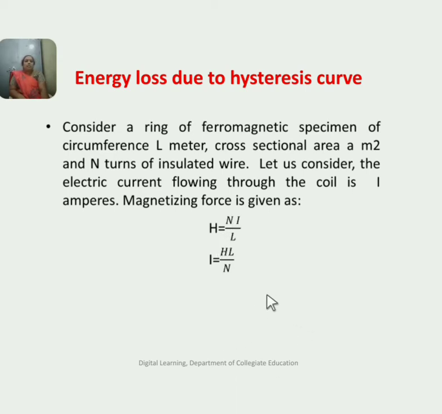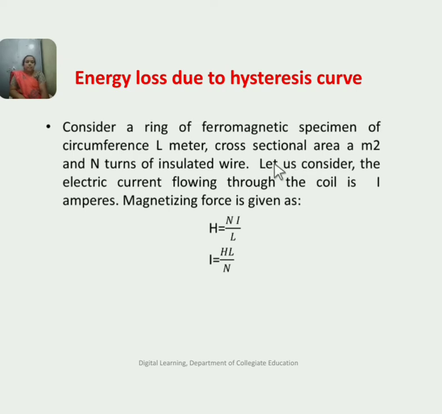To derive this expression, that is energy loss due to hysteresis curve, we will consider a ring of a ferromagnetic specimen whose circumference is represented by L meter and its cross-sectional area is represented by A, measured in meter square, and it has N number of turns of a wire.